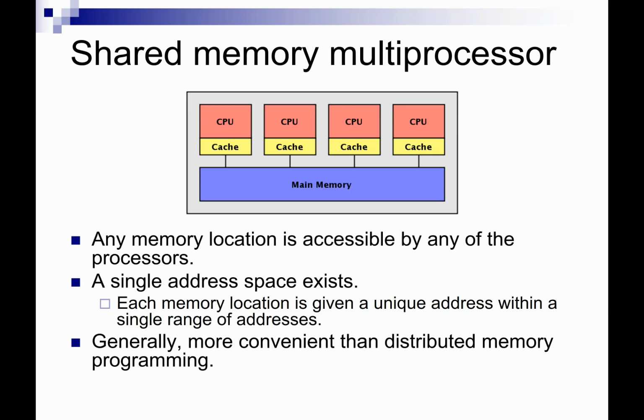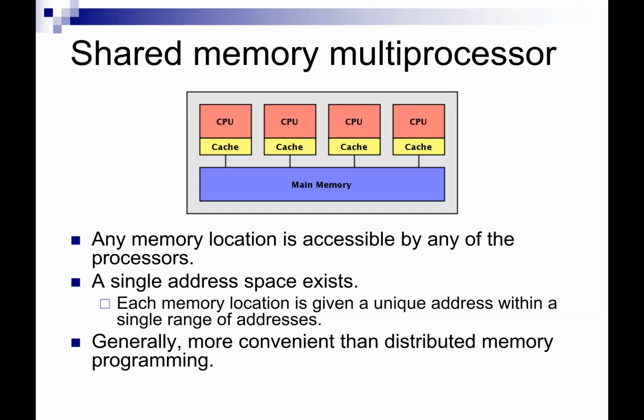Okay, and the main advantage of shared memory programming is that it's more convenient and easier to write than distributed memory programs. That's because, for example, when we did MPI, we saw that whenever you want to get a piece of data, you need to coordinate between two processes, right?